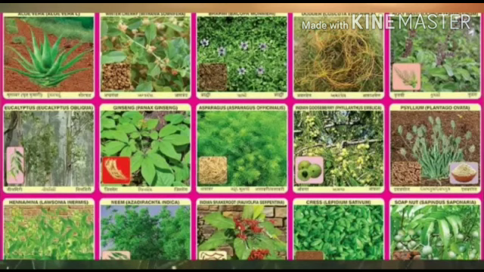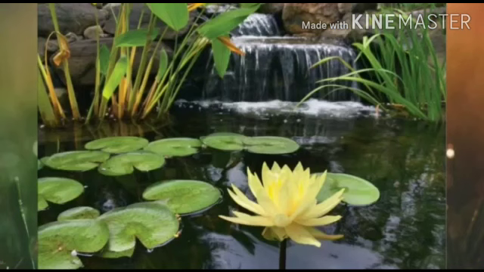Here the terrestrial plants are mostly present above the soil surface, and most of these terrestrial plants are herb, shrub, climber, vines, trees, etc. Then next one is aquatic plants, the plants that can survive on the water. The aquatic plants are otherwise called hydrophytes.